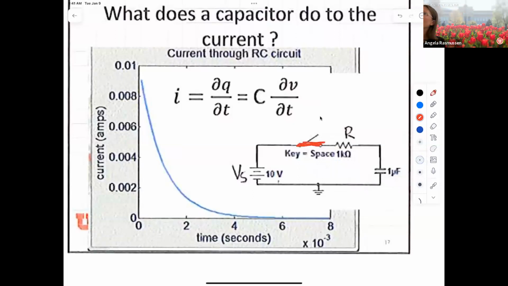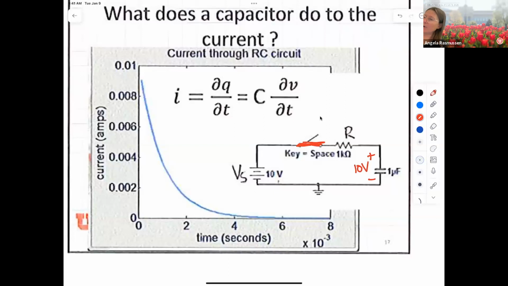What happens in this situation? It stores charge. And charge keeps getting stored until it's pretty much at its capacity, and it's going to look like 10 volts. So it will get charged to 10 volts there.